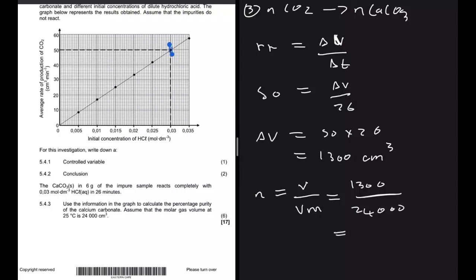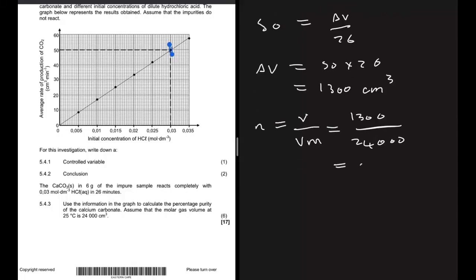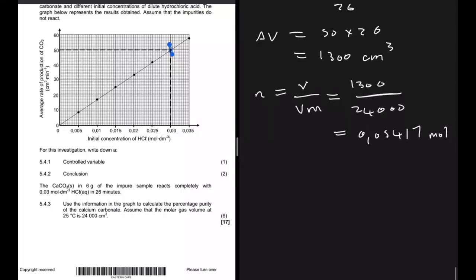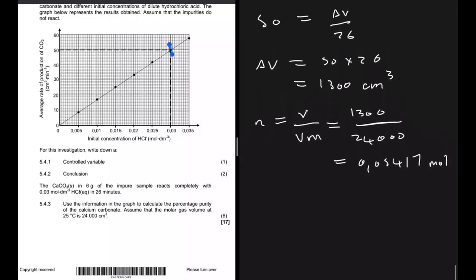So we have 1,300 divided by 24,000, which gives us 0.05417 moles. So now we can use the number of moles of CO2 to determine the number of moles of CaCO3 that reacted using the ratio of the balancing coefficients, right?